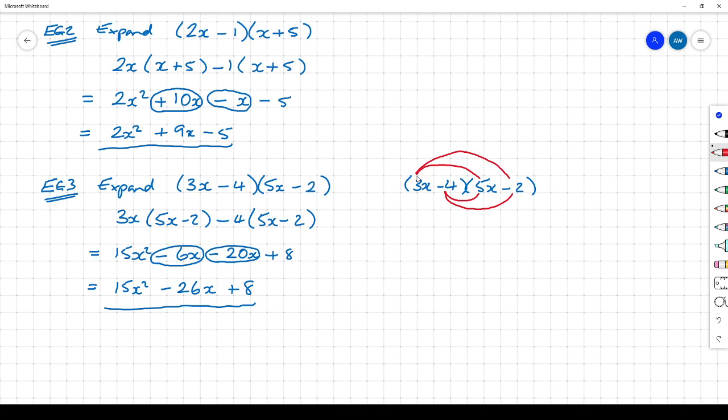So if I was using this, we would do 3x times 5x. So you could do that separately. 3x times 5x is 15x squared. 3x times minus 2 is minus 6x. Minus 4 times 5x is minus 20x.